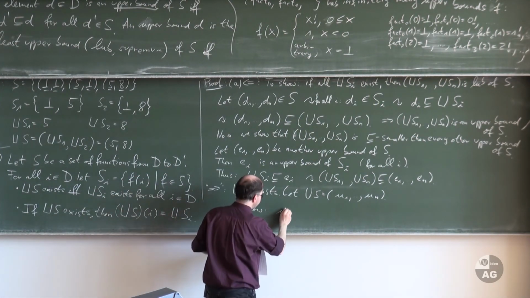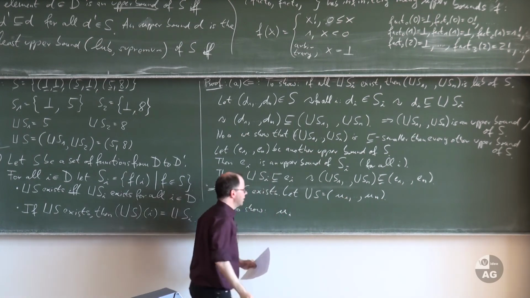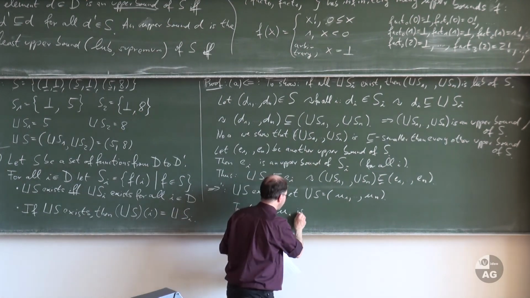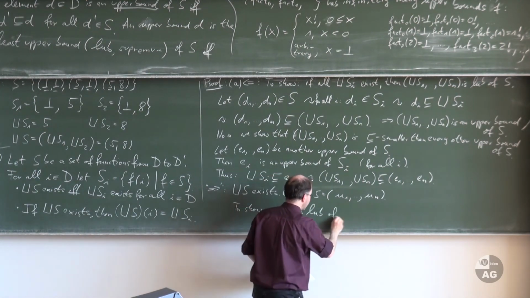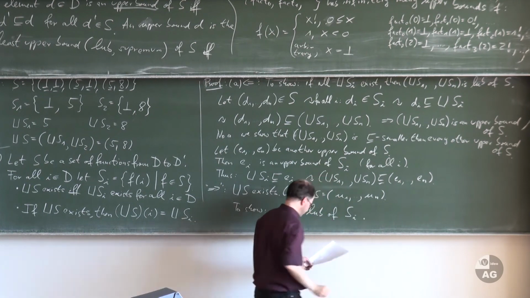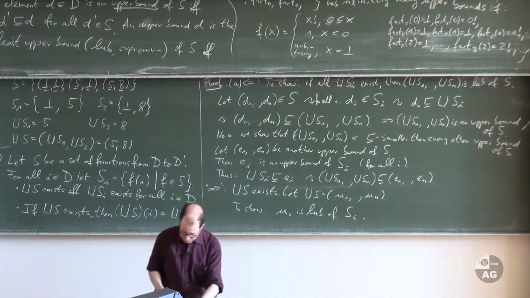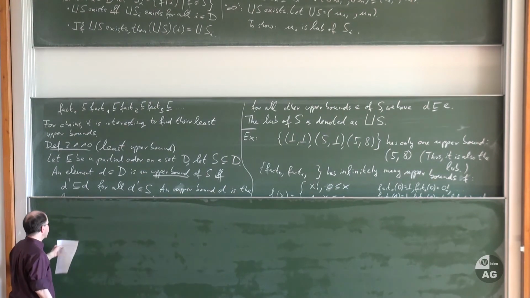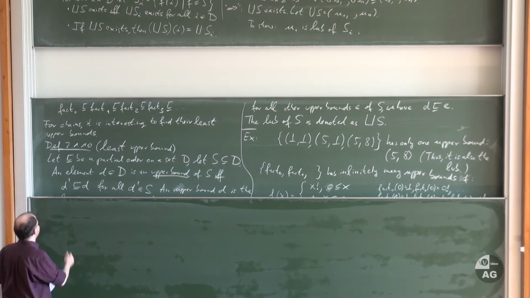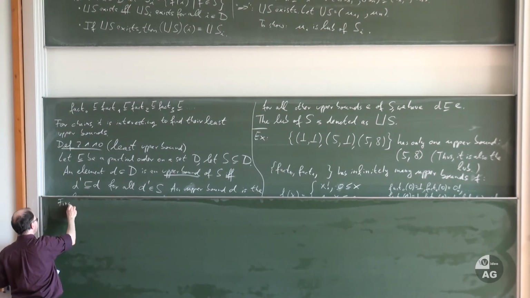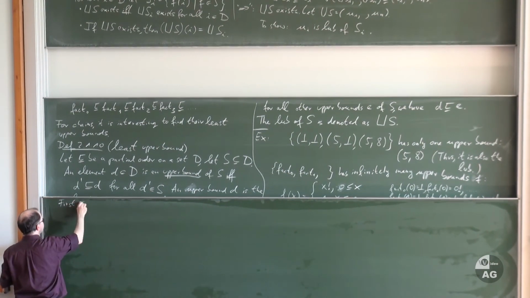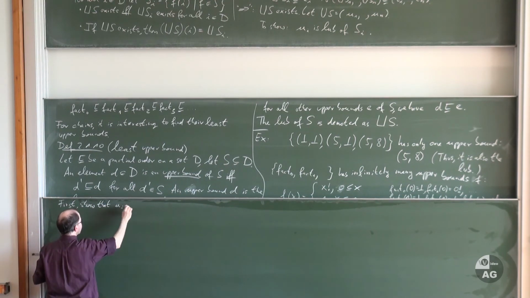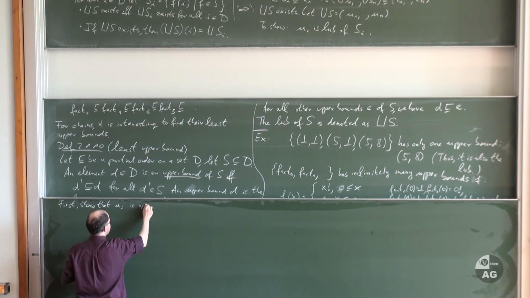We want to show that the ith component in here is the least upper bound of SI for all I. Okay, so it should be the least upper bound. So let's first show that UI is an upper bound of SI.